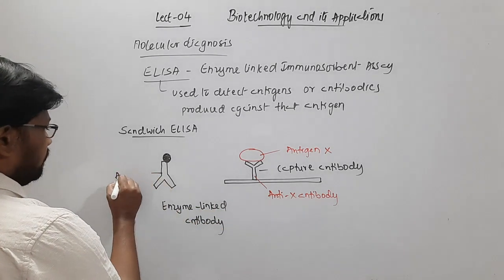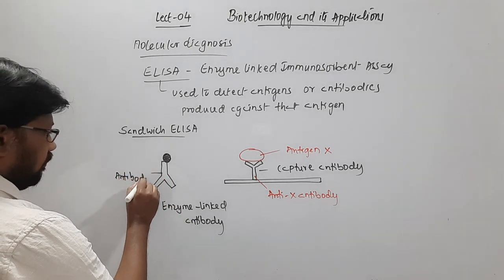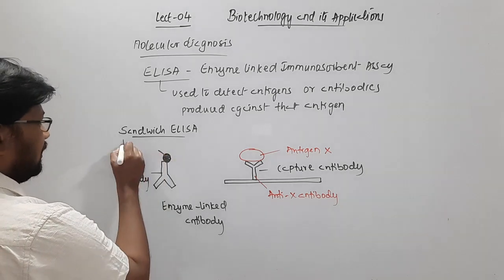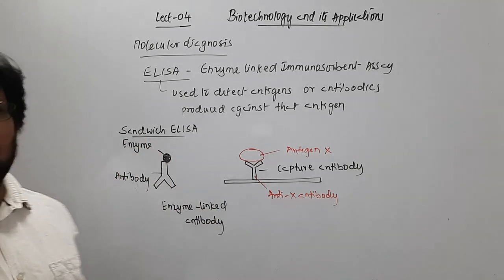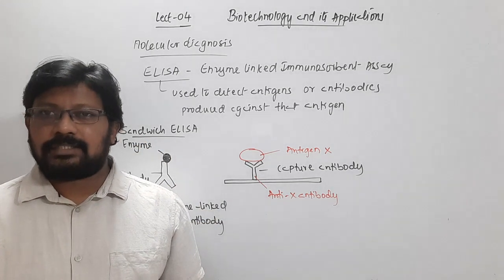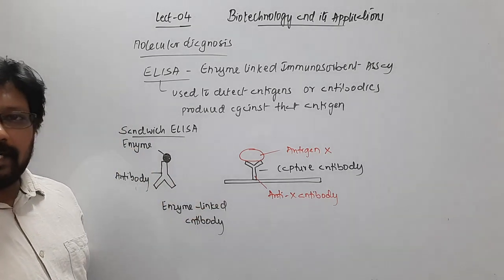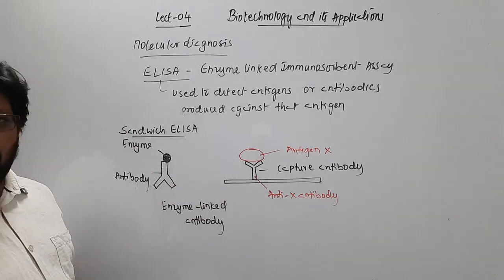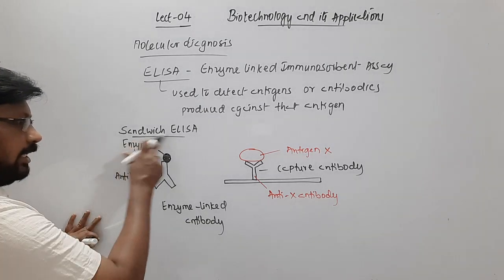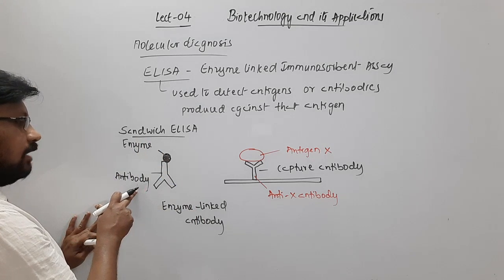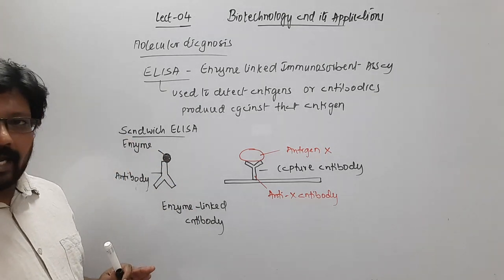This is the antibody and this is the enzyme. What this enzyme is and so on, we will discuss in the NEET class. I'm just giving you an elementary idea of how ELISA works. To the antibody we have linked an enzyme, and this enzyme will catalyze a reaction.